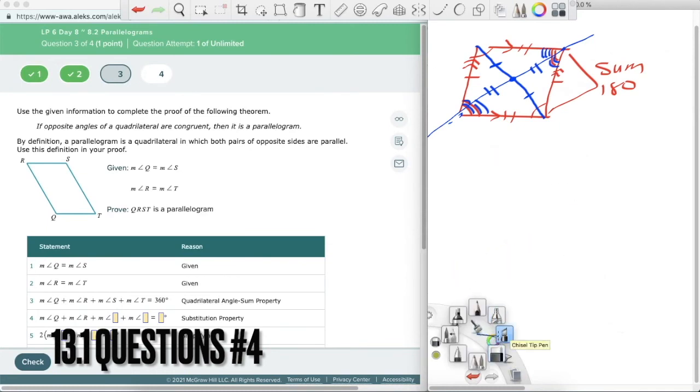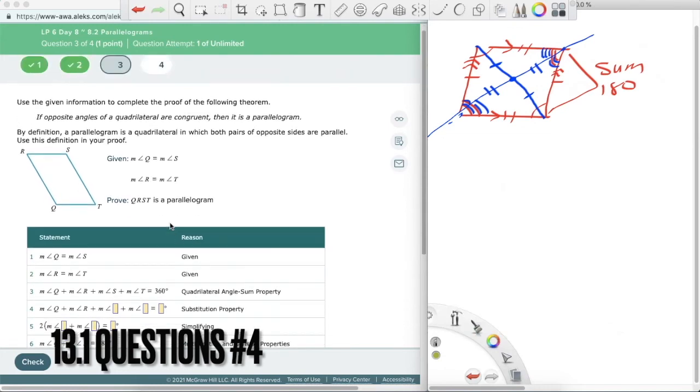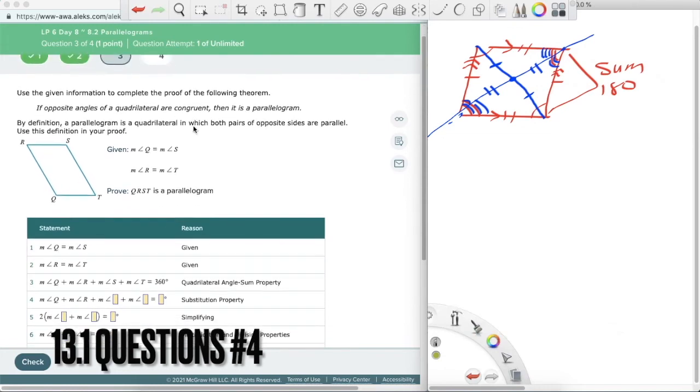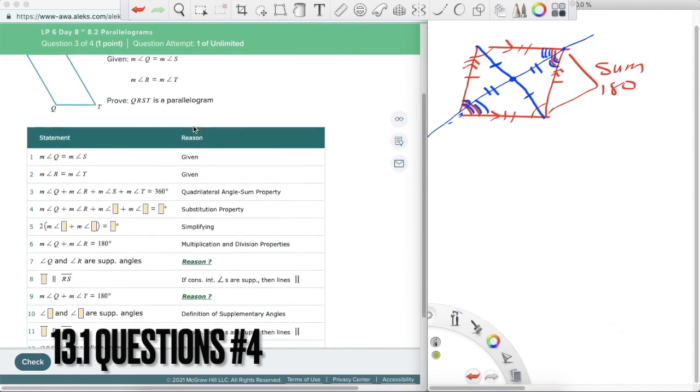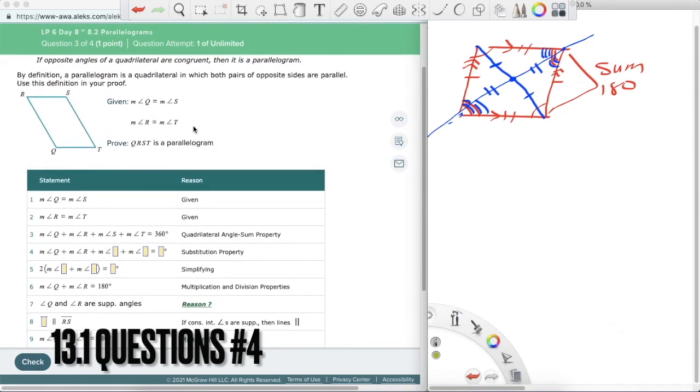So now we're going to do: if opposite angles of a quadrilateral are congruent, then it is a parallelogram. So still, quite a few steps there, but we're going to go through and prove that same idea, but now we have angles instead of sides. So now I have R, S, Q, T, and we are told that Q is congruent to S and R is congruent to T. So opposite angles are congruent.